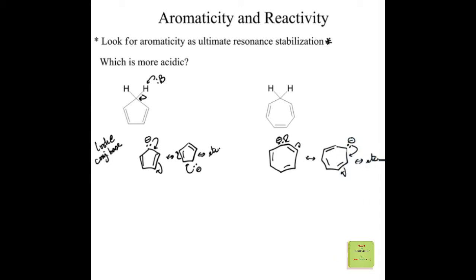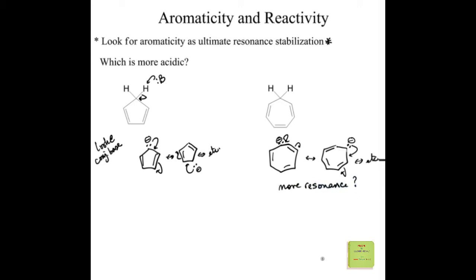So based on what we've seen in the past for resonance, what would be your prediction? Which one of these do you think has more resonance? Well, because this has just the 2 pi bonds, it looks like this is going to have less resonance than the one with 3 pi bonds, because we're going to be able to use all these pi bonds and move it around. So at first glance, we're wondering, does this have more resonance?